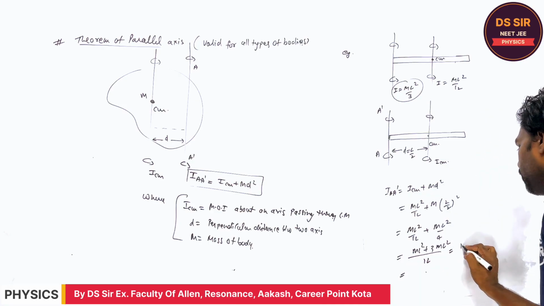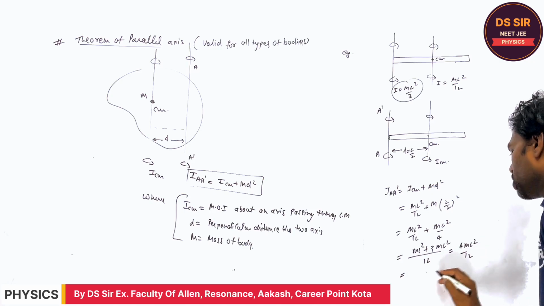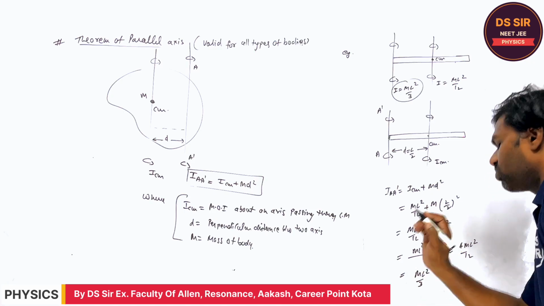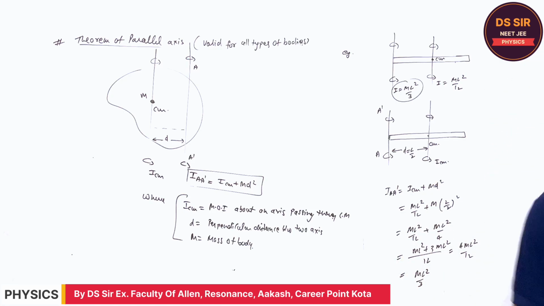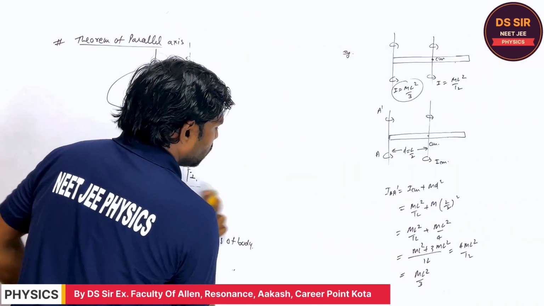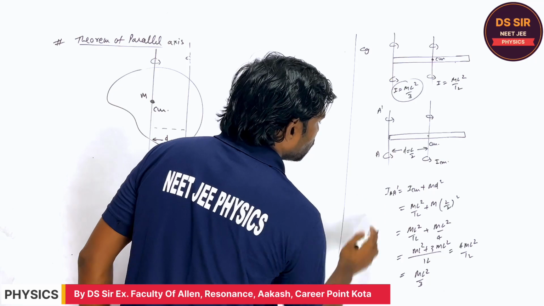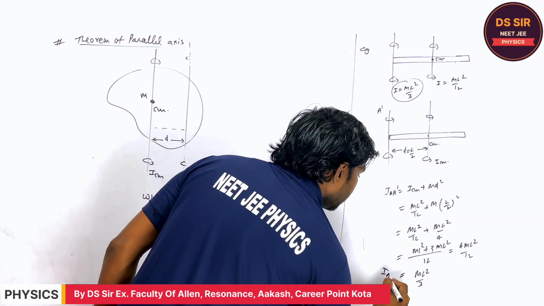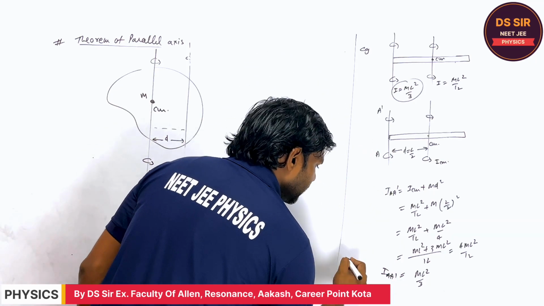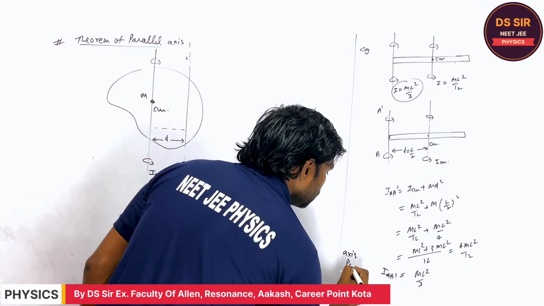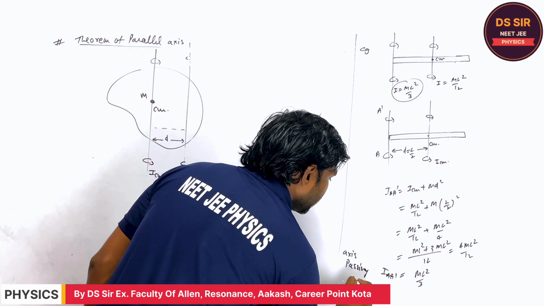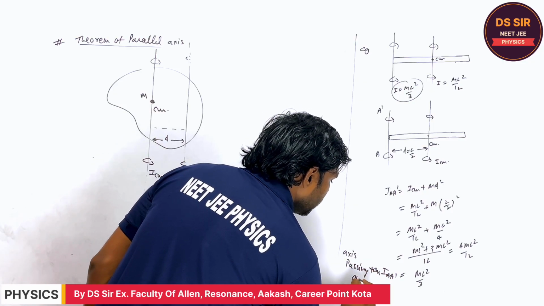So this is 4 ml square by 12, so the answer is ml square by 3. Is it clear or not? Listen one more thing. This is the axis IAA dash passing through one end.